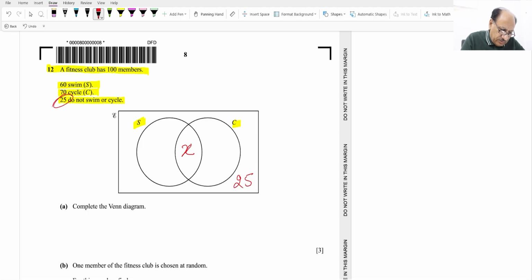Swim is 60, so we will take this as 60 minus x, because x is already taken into the intersection portion, and the cycle one is 70, so we can write this as 70 minus x. Then they are saying complete the Venn diagram. So we are completing this, but this all should add up to 100.